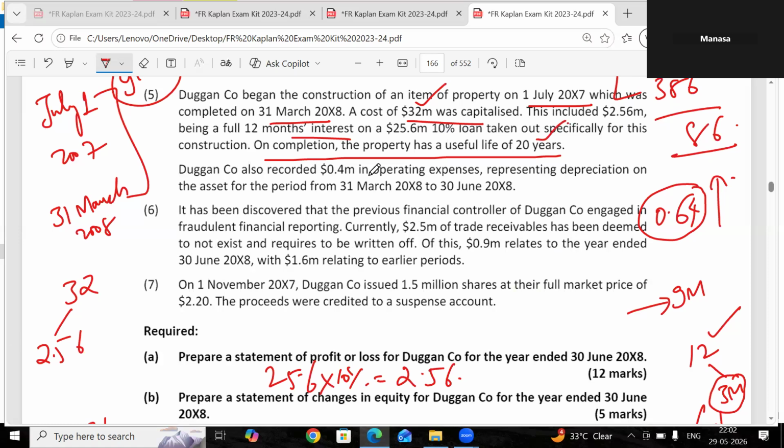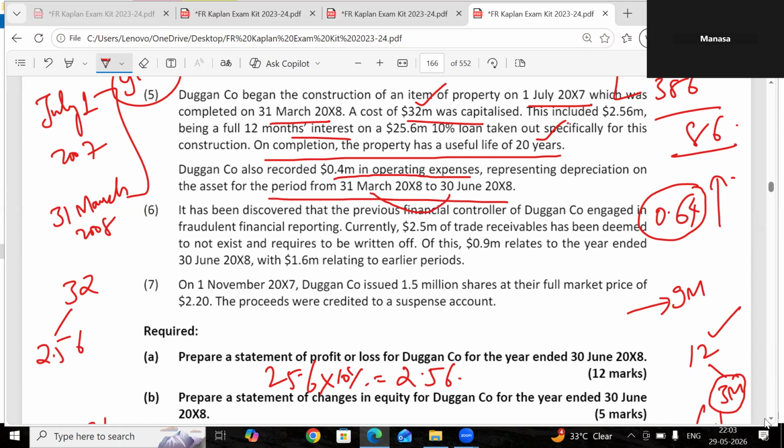This much in the operating expenses representing depreciation on the asset for the period. 31st March to 30th June, this is for 3 months.